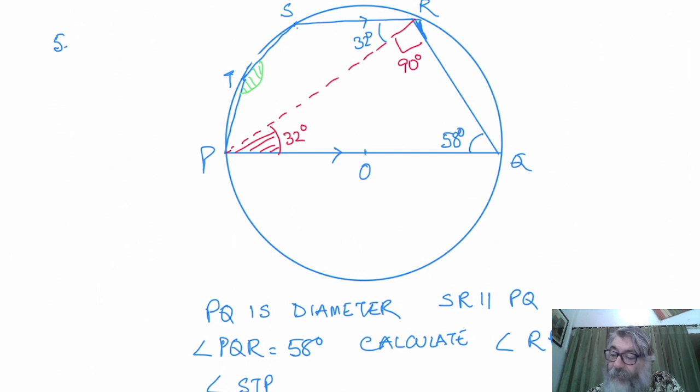So this angle will come out to be 148 because 148 plus 32 will make 180 degrees. Opposite angles of a cyclic quadrilateral are always supplementary.